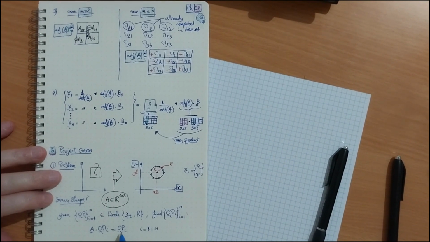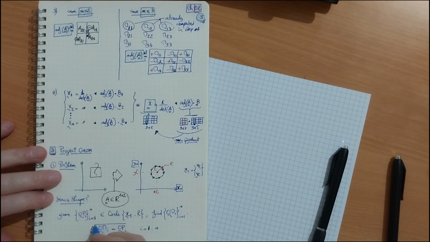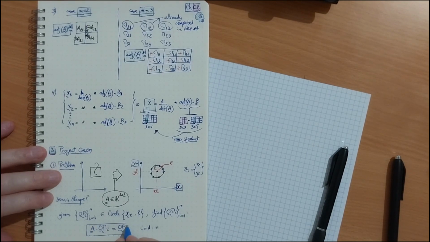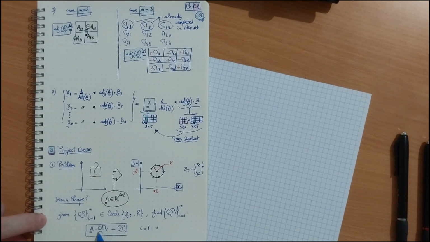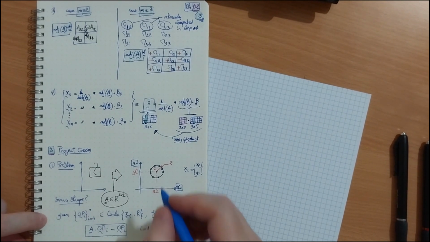So we have here actually a system where the unknown is the family of points OMi, and the points on the circle should be given, and the mapping also. So the points are on the circle.